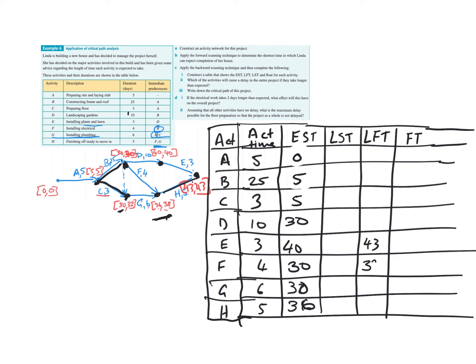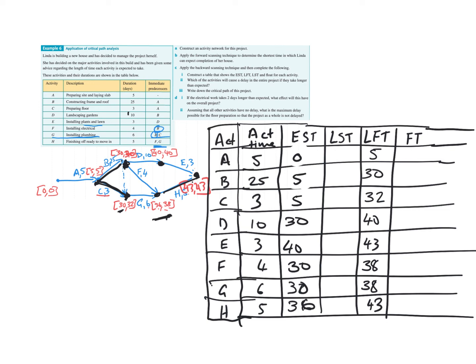So this is 38. Now C has a latest finishing time of 32, and D has a latest finishing time of 40, B 30, A 5, and H down here, I should have already said 43. So now we have our latest finishing times.